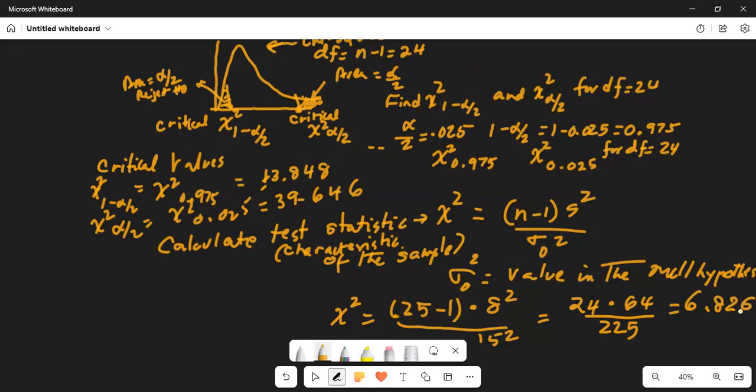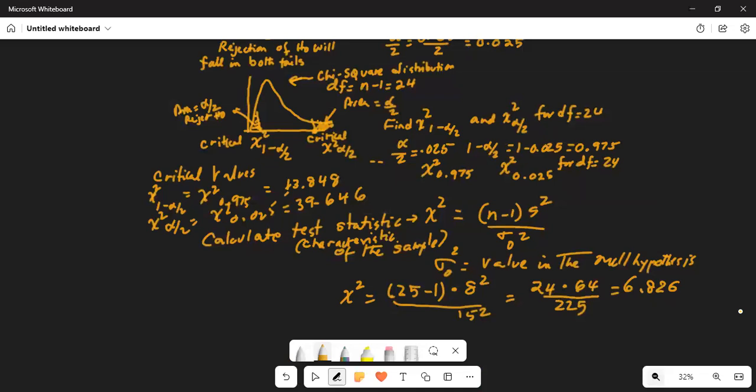Okay. So our critical values are 13.848 and 39.646. Okay. So we can move up a little bit. Also reduce the size and we can move up.